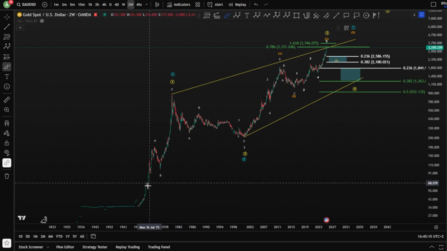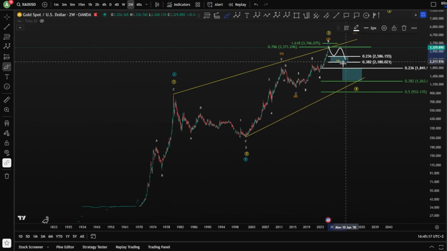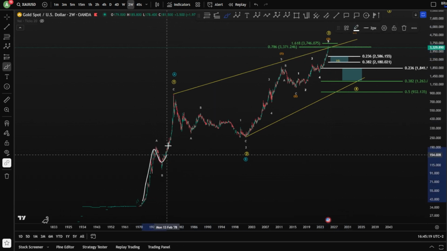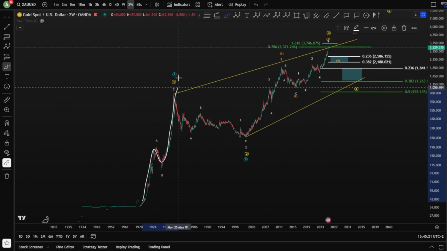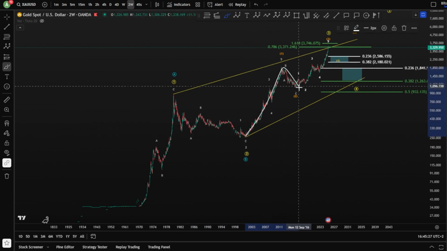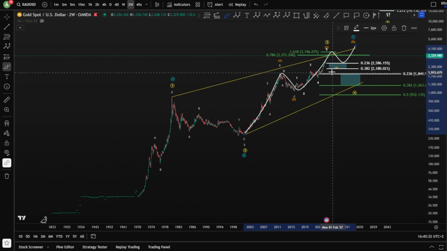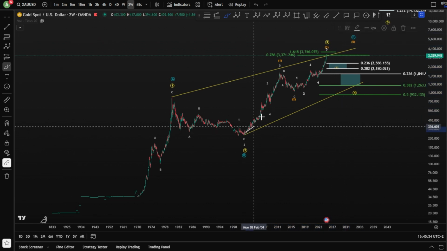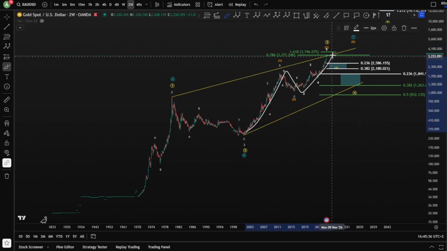Another scenario is that you might have a shallower retracement here, where you have potentially 3 waves toward the upside finishing wave A, 3 waves finishing a wave B as well, and you're looking at a 1, 2, 3, 4 and a 5 toward the upside, meaning an impulse to finish a wave C. This wave 1 is extended, wave 3 is shorter than wave 1. You would like to see a wave 4 and a shorter wave 5 than the wave 3.